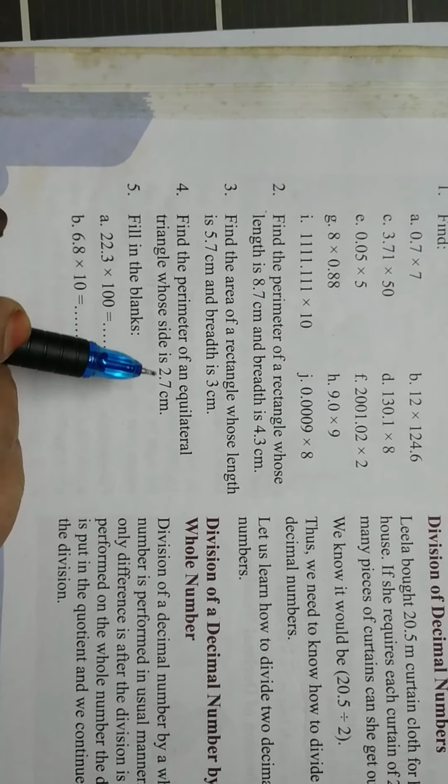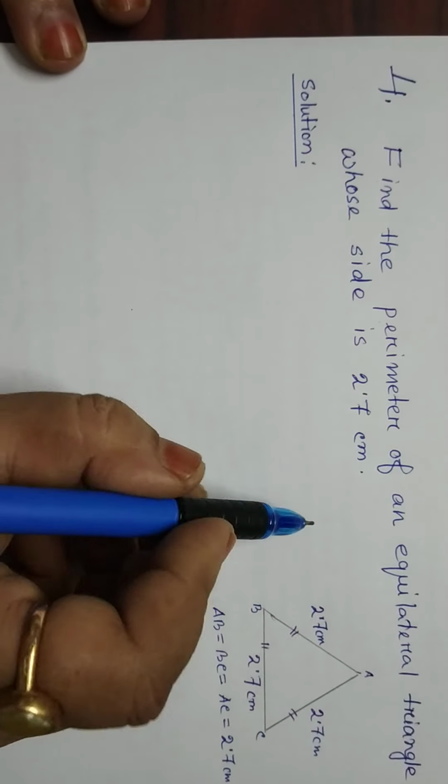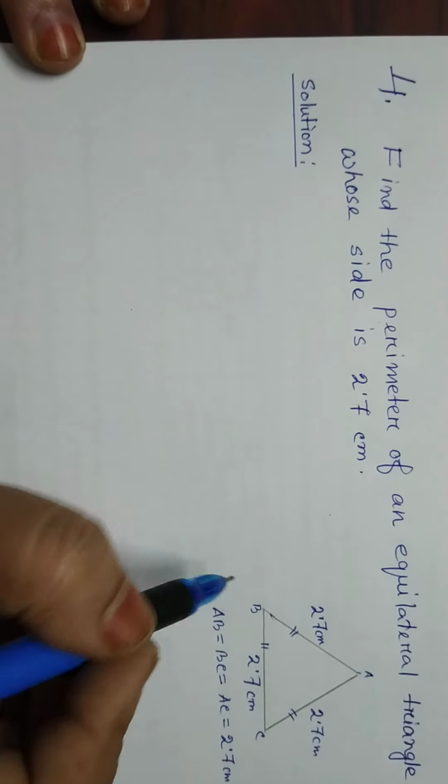We have to find the perimeter. Now suppose this is an equilateral triangle. All sides are equal, which means AB equals BC equals AC, each side measure is 2.7 cm. We have to find the perimeter of the equilateral triangle.